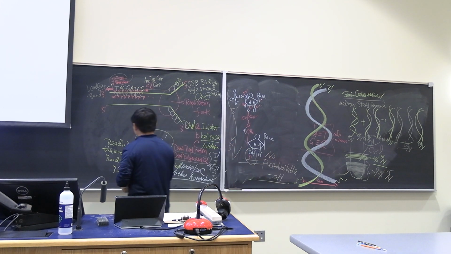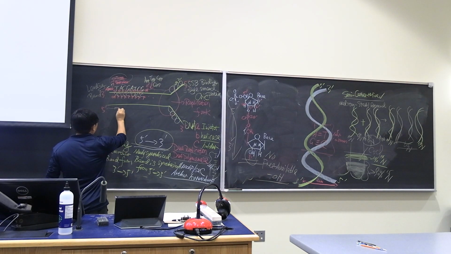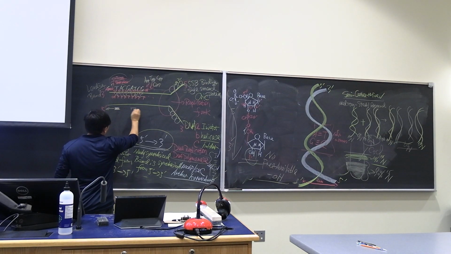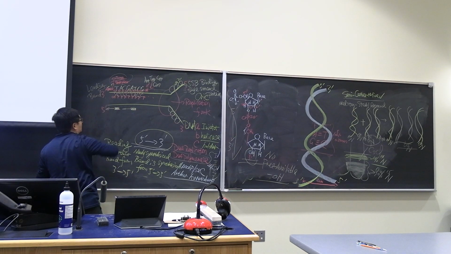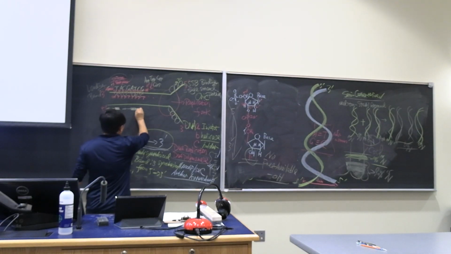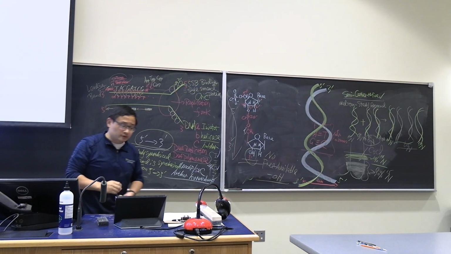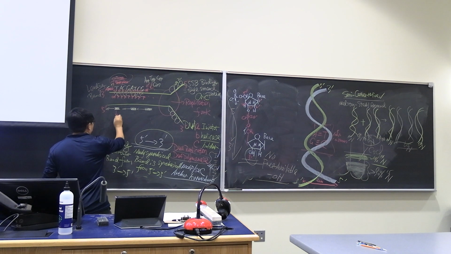So what they do is synthesize some very small segments, and these small segments are actually very similar to here. They are composed of RNA, so RNA primer. And they have to do this. And the person who found it is Okazaki, so-called Okazaki fragments.